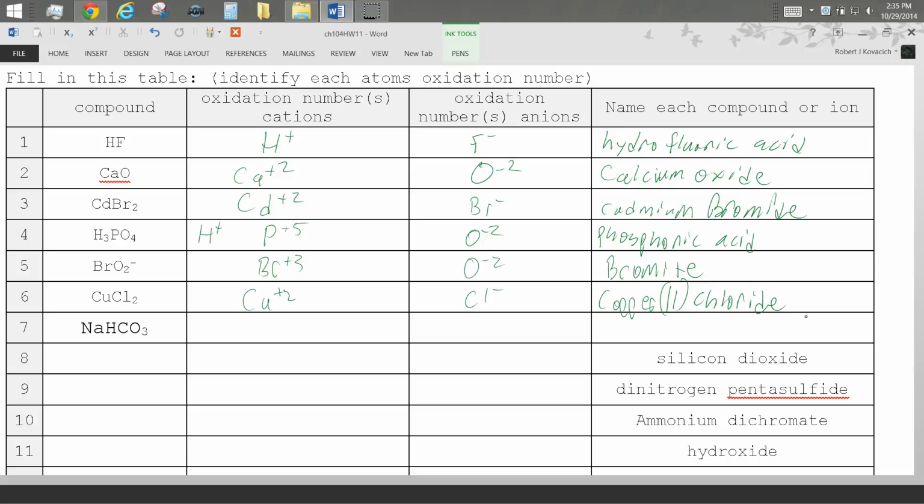Okay, next one here. Cations? Sodium. Na with a plus, H with a plus, C with a +4, and then oxygens with a -2. And what is this? The hydrogen carbonate.